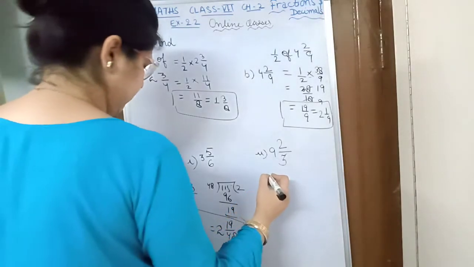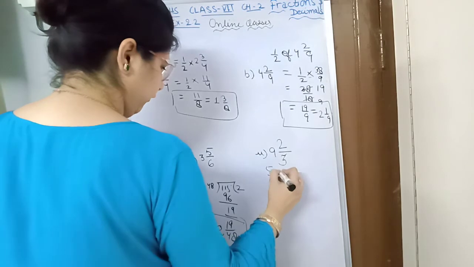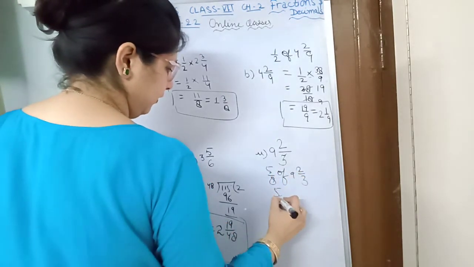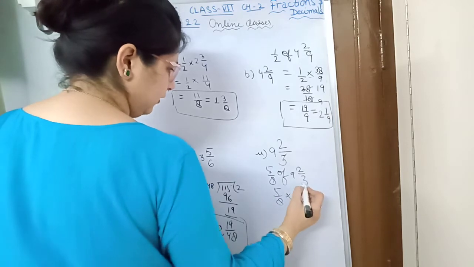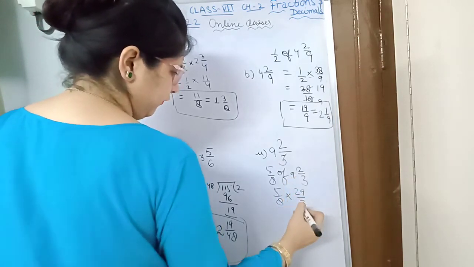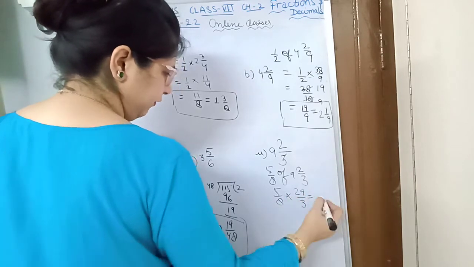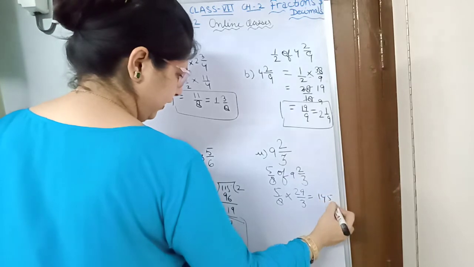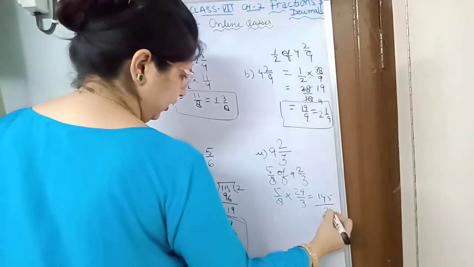And 5 by 8 of 9 2 by 3 is 5 by 8 of means multiply, 3 9s are 27 plus 2 is 29 upon 3. So 5 into 29 is 5 9s are 45, 5 2s are 10 plus 4 is 145, and 8 3s are 24.